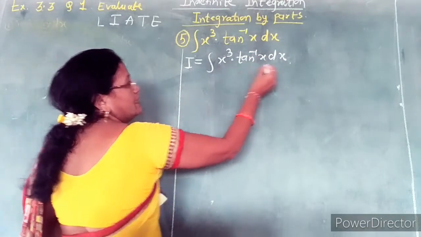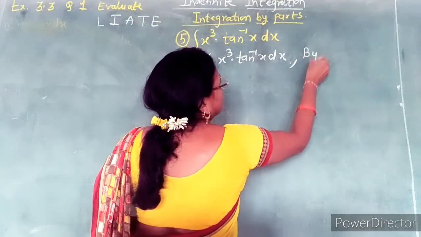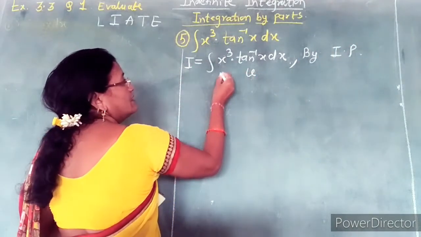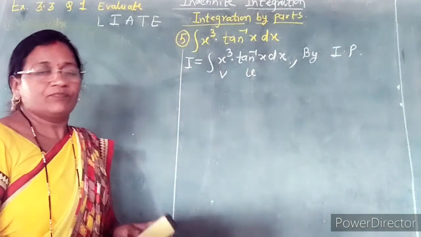By the LIATE rule and by using integration by parts, the first function is tan inverse x and the second function is v.